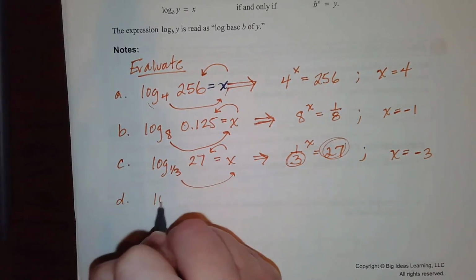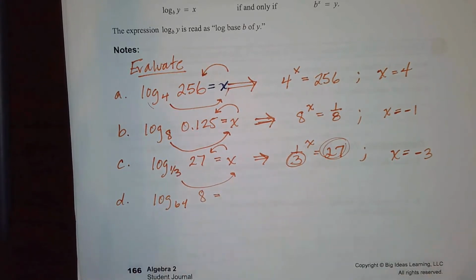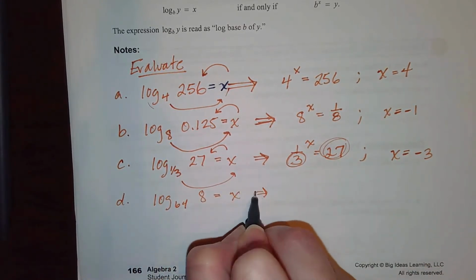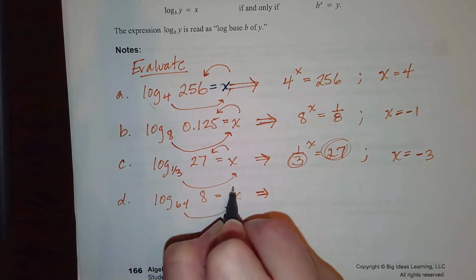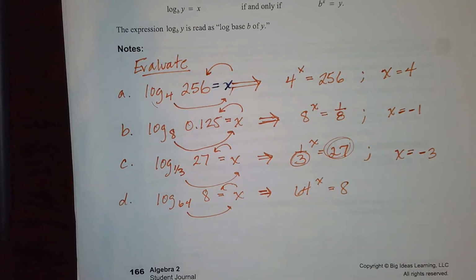Let's do another one. Log base 64 of 8. So again, I'm going to set this equal to x so that I can go ahead and put this into exponential form. So 64 to some power equals 8. This one's a little bit trickier.